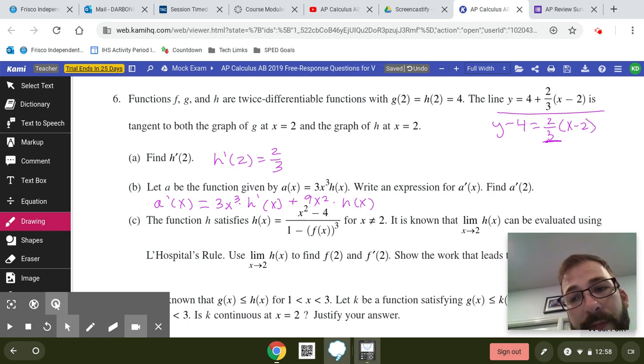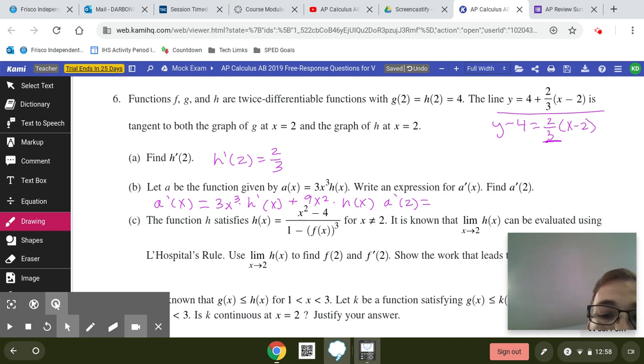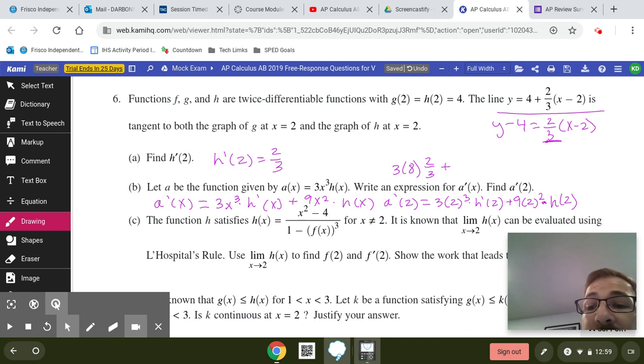Then I want to find a prime of 2. So a prime of 2 is equal to 3 times 2 cubed times h prime of 2 plus 9 times 2 squared times h of 2. So 3 times 8 times h prime of 2, we already found that, 2/3, plus 9 times 4 times h of 2, which is 4.